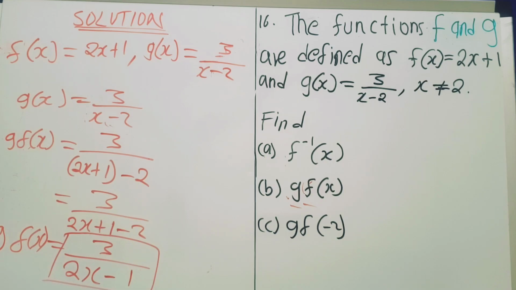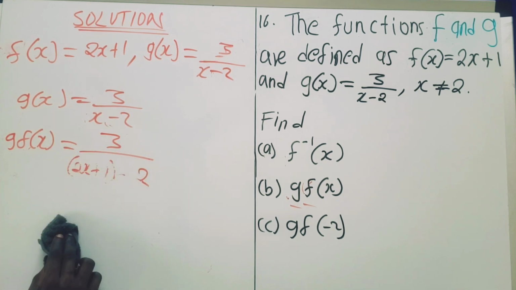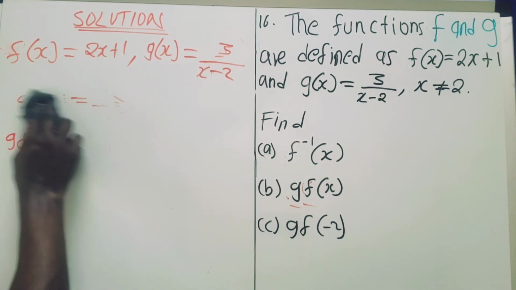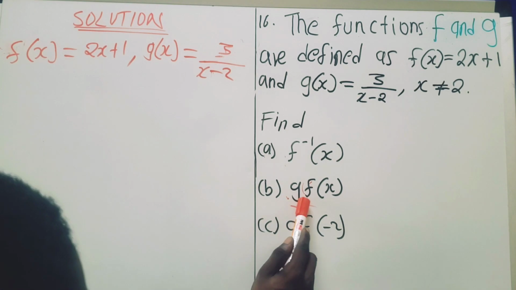Then let's look at the last question. So we have been asked also to find gf of negative 2. Okay, gf of negative 2. All right, so we have just found gf of x.